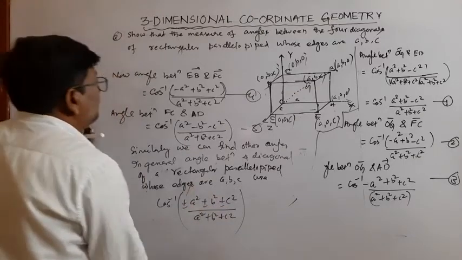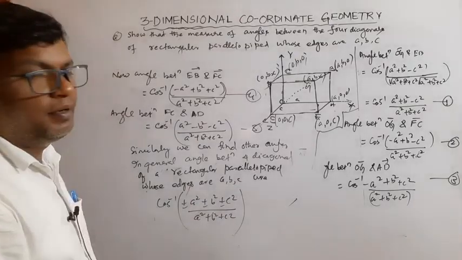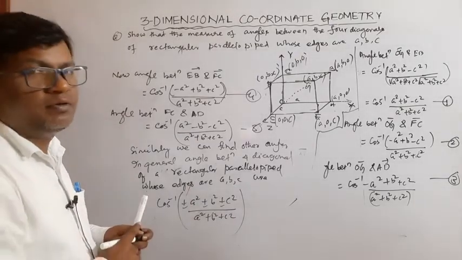This is the angle between the four diagonals of the rectangular parallelepiped.